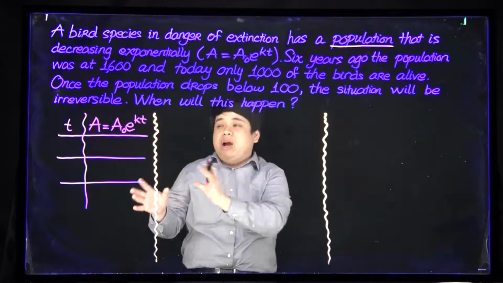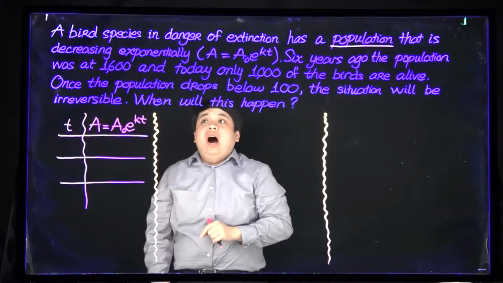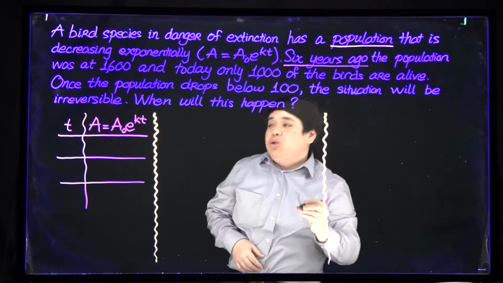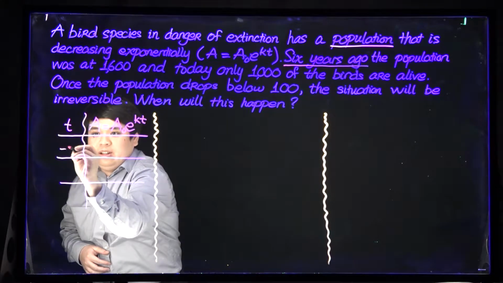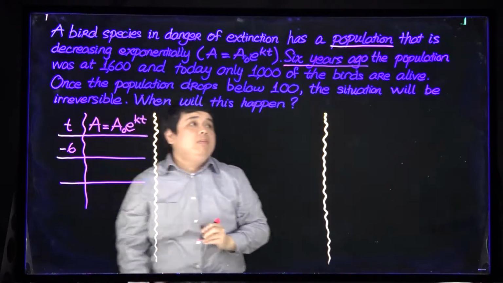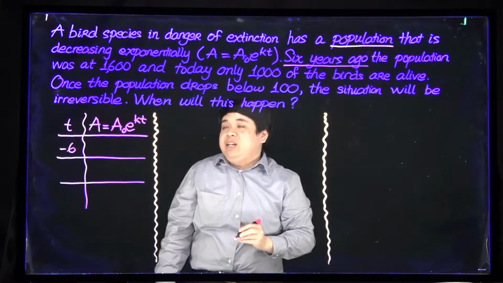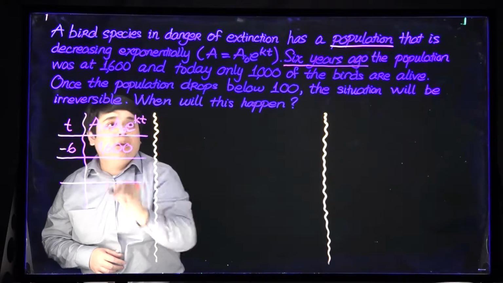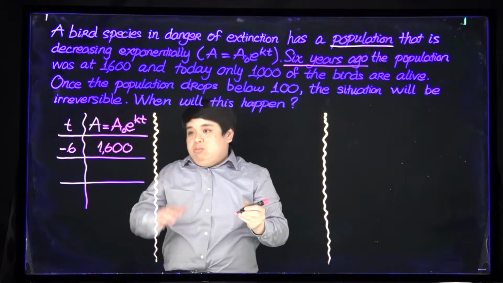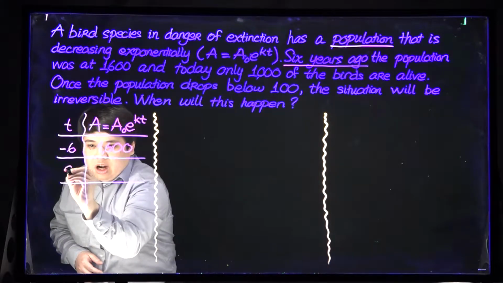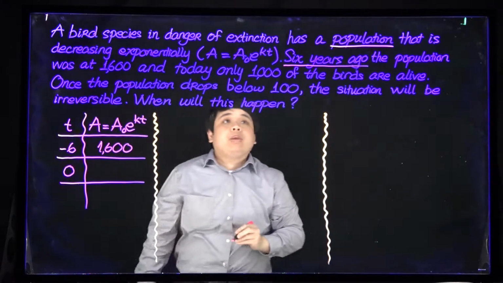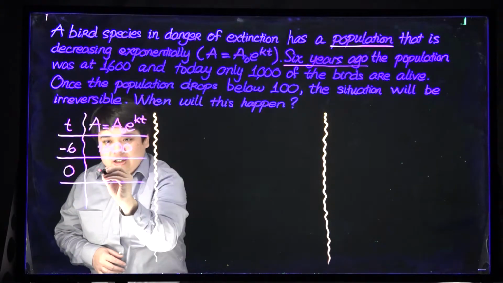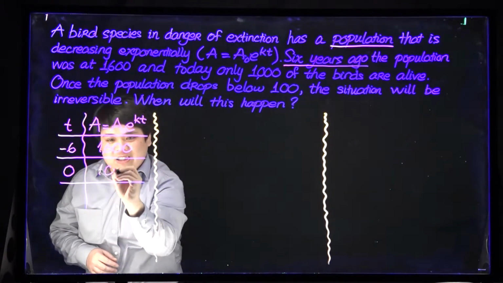Now just put all the information we know on that table. First, 6 years ago, this is in the past, so we use -6, and the population was 1600. Today, at the moment, so we use time at 0. The population is 1000.